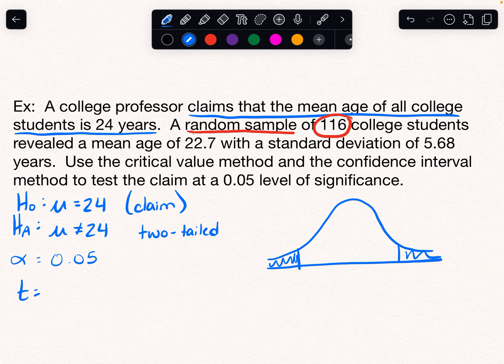I feel like I got out of order, but I think I'm back on track. So sample mean: they calculated a mean of 22.7 years minus our population mean of 24, divided by standard deviation, which they said was 5.68, over the square root of 116. So what is that? We shall see.